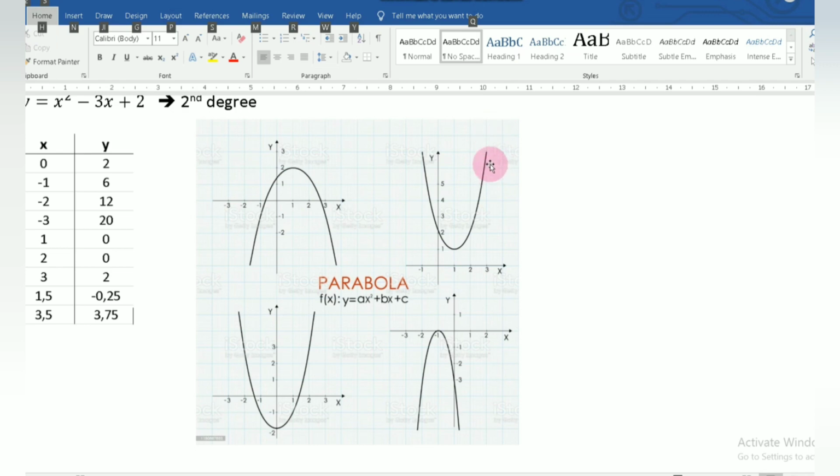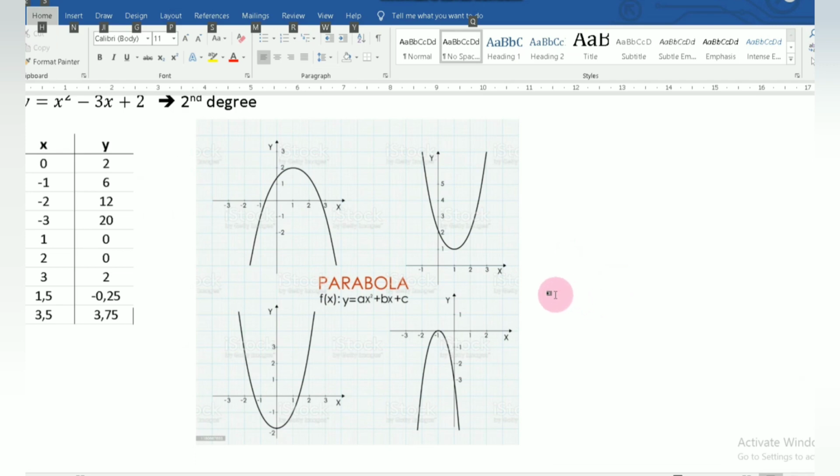The x will always continue going larger and larger. So never draw or graph your parabola with a straight vertical line. It never goes that way.